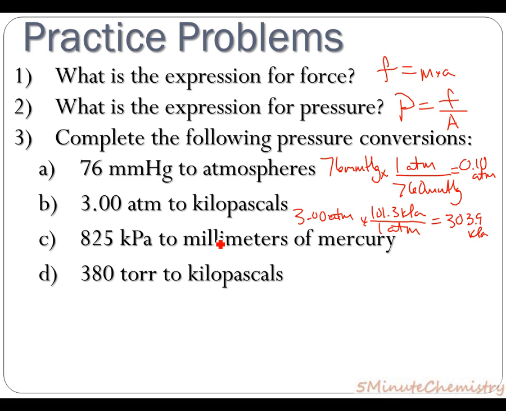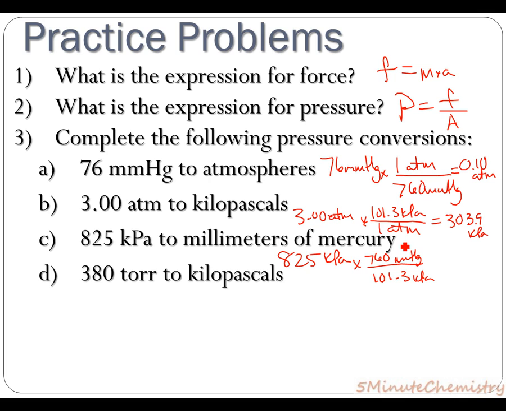825 kPa to millimeters of mercury. So what we have to understand here is that 101.3 kPa, and my millimeters of mercury are 760. So we're going to take our 825 times 760, and we'll divide that by 101.3.